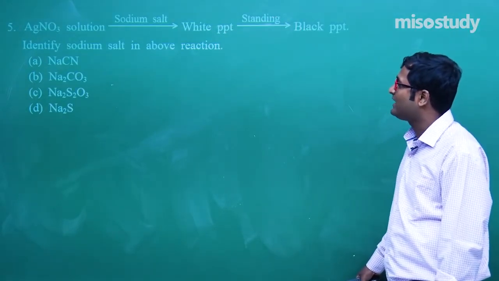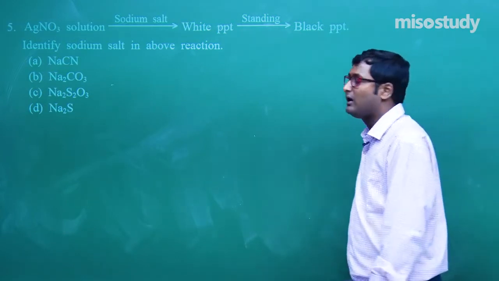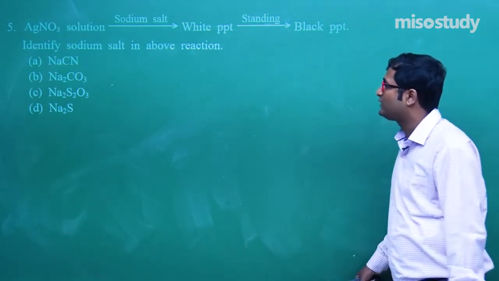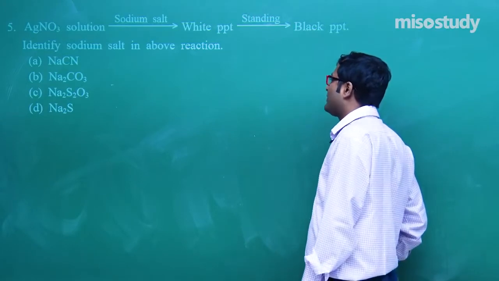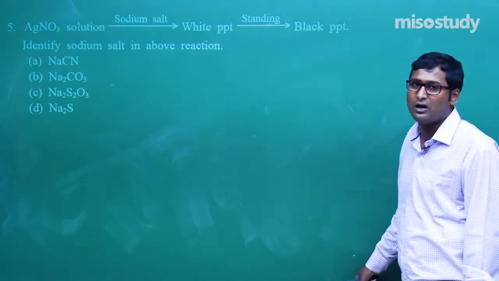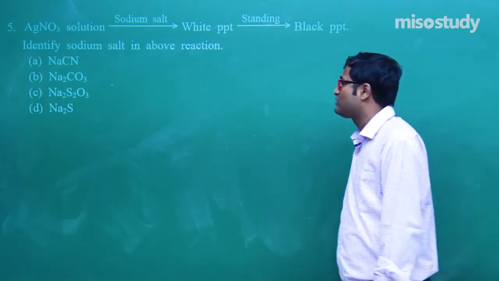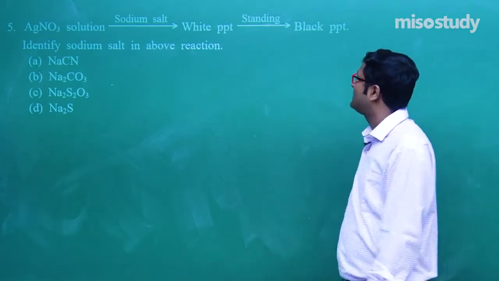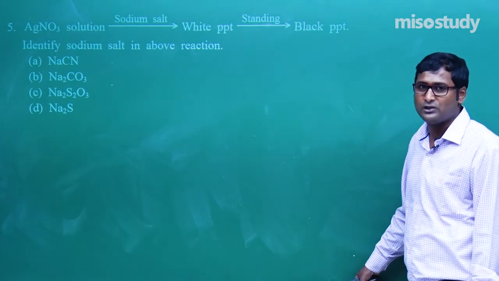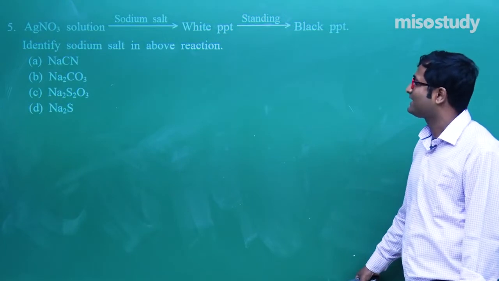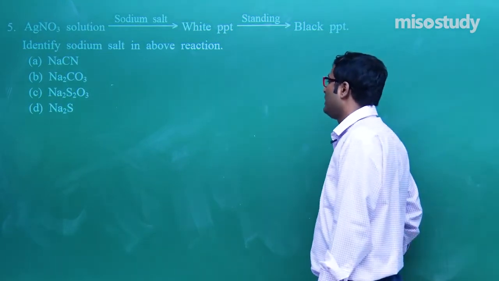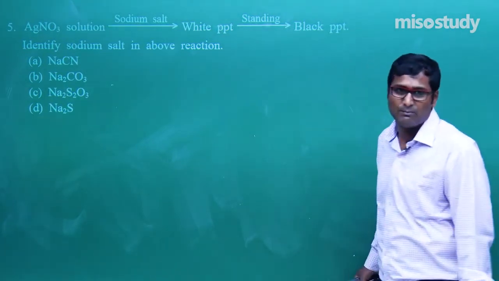AgNO3, as I discussed, CN gives you a yellow precipitate, Na2CO3 gives a pale yellow or white precipitate, but on standing it dissolves, no color change. Na2S2O3 first gives a white precipitate due to the formation of Ag2S2O3, and second it forms Ag2S. So C is the correct option. Clear?